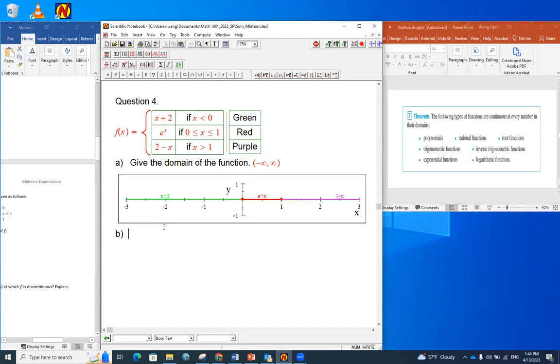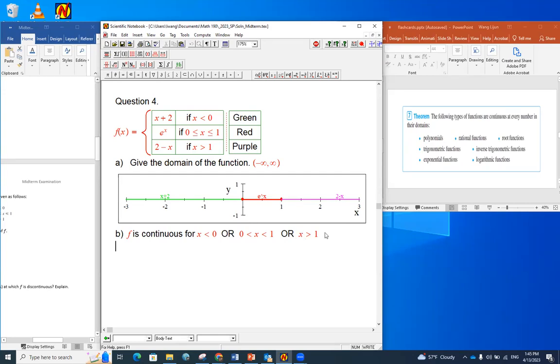I'm saying f is continuous for x less than 0, or between 0 and 1, or x larger than 1, which is guaranteed by this theorem. Only 0 and 1 are questionable.